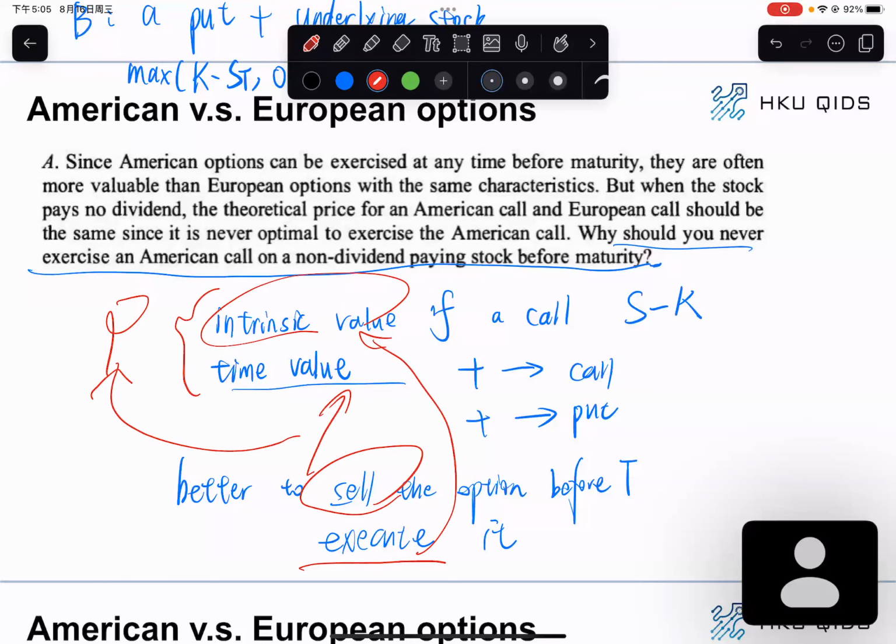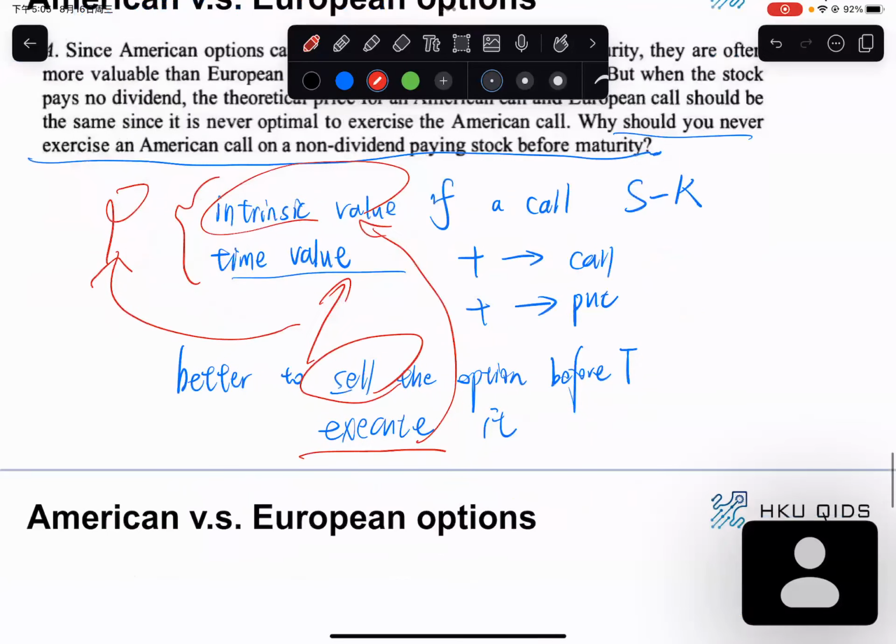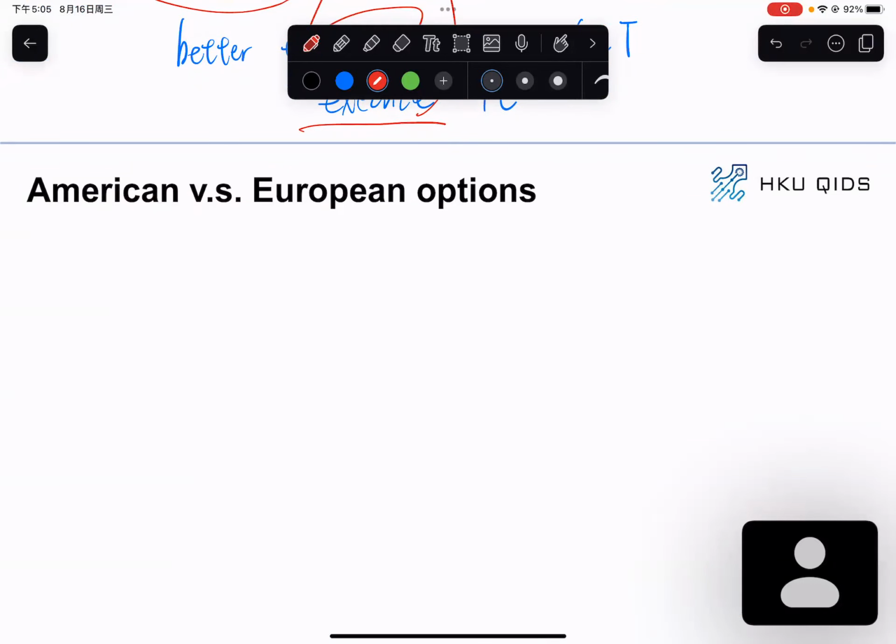And the second way to explain that is by the put-call parity we just learned. If we rearrange it, we can see call is equal to what? Call is going to be equal to S plus P minus K e^(-RT) minus dividend. And if it is a zero dividend case, we can just not consider that, because we are just talking about the general case.